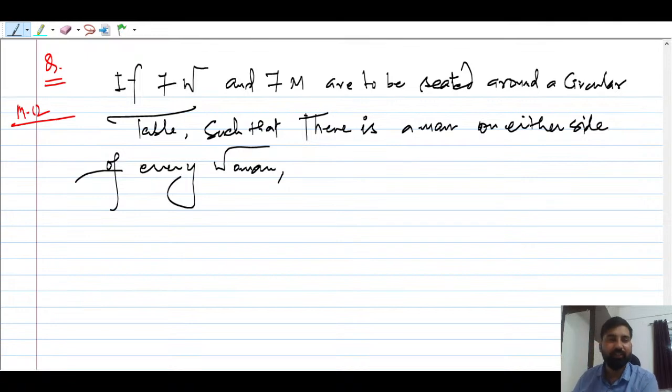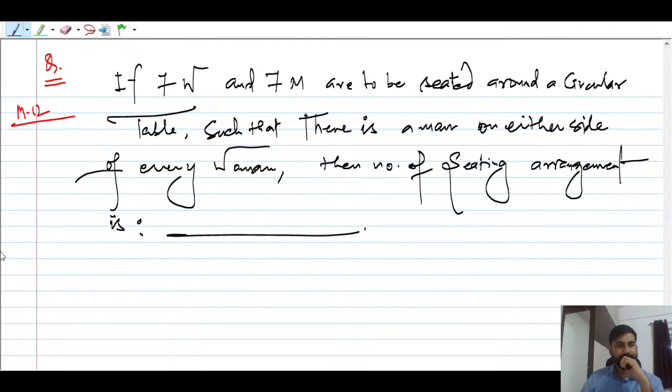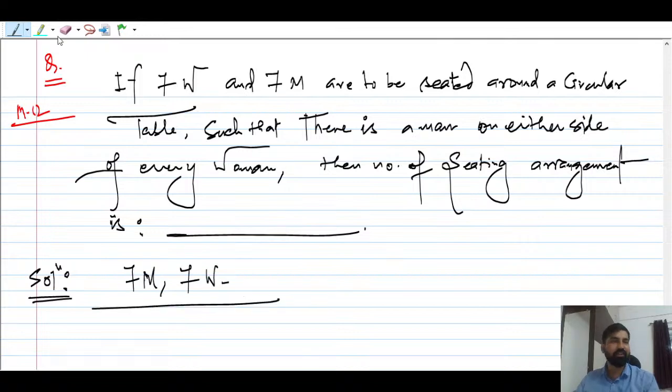So if 7 women and 7 men are to be seated around a circular table such that there is a man on either side of every woman, then the number of seating arrangements is... You have to find the number of seating arrangements. I think this is a very simple question, because you know that 7 men and 7 women are there. Total, how many people are there? 14.